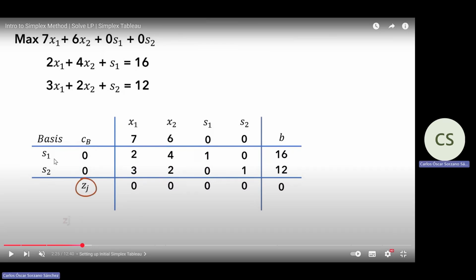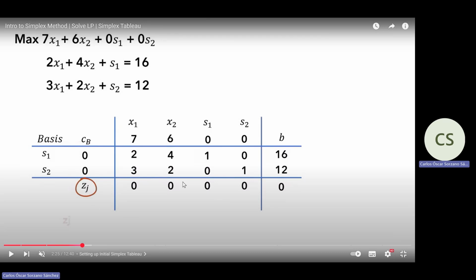Actually, this value is the value of the goal function for your current solution. Your current solution is x1 equals 0, x2 equals 0, s1 equals 16, s2 equals 12, and if you substitute that here, what you get is 0.